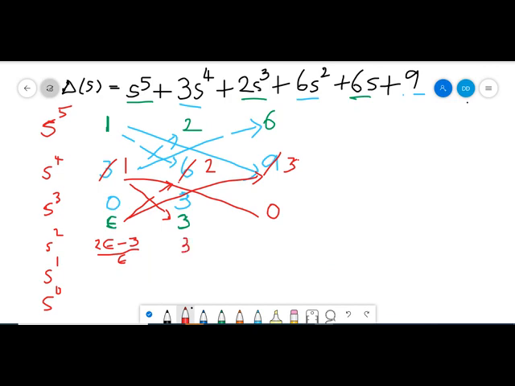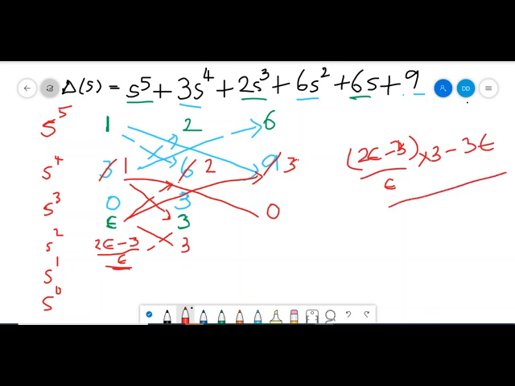Okay. Next we have our next row elements, that is 2 epsilon minus 3 by epsilon into 3 minus 3 epsilon divided by 2 epsilon minus 3 by epsilon.